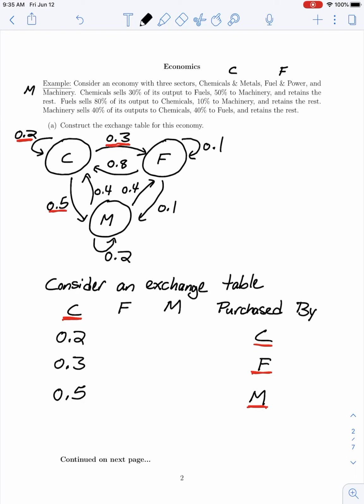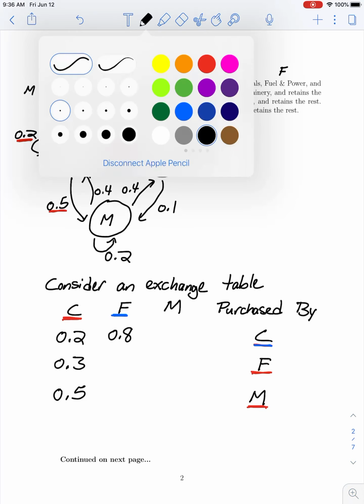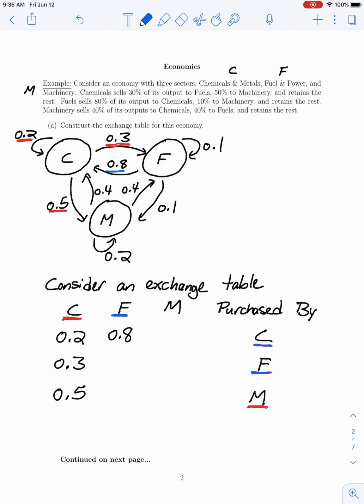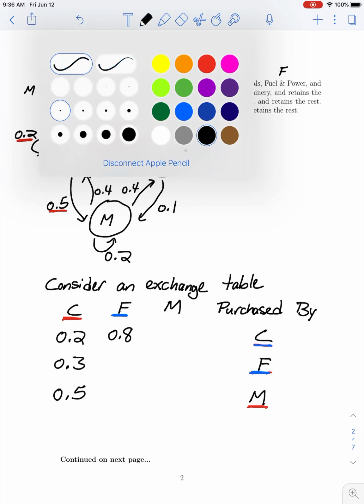Now, if we do the same thing, let's look at our second column. So we're looking at what proportion of the outputs from fuel and power was first going to coal. So from fuel and power to coal, we had 0.8. From fuel and power back to fuel and power, we had 0.1.